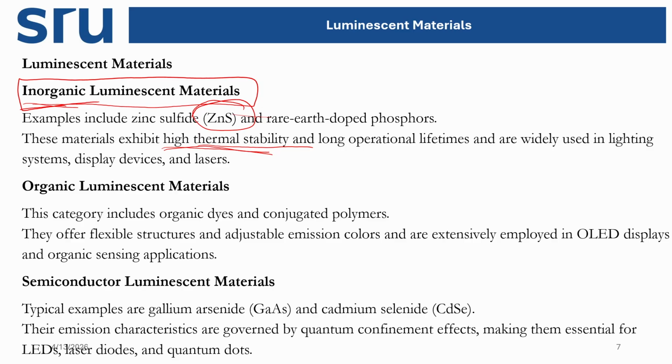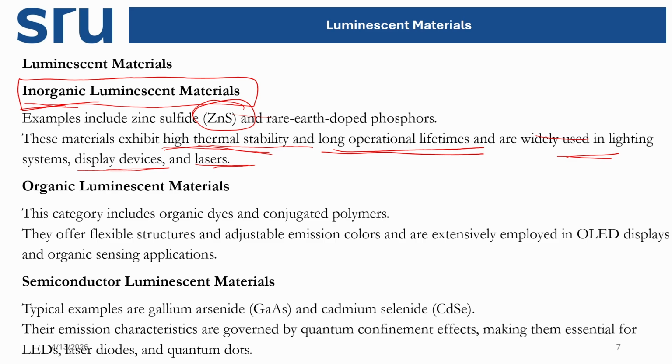They are highly stable materials, and they can also be used for the long run, because decay or performance degradation does not happen within a short period of time. So they can be used for a long period of time, and they are being used for the display of devices, lasers, or lighting systems as well.